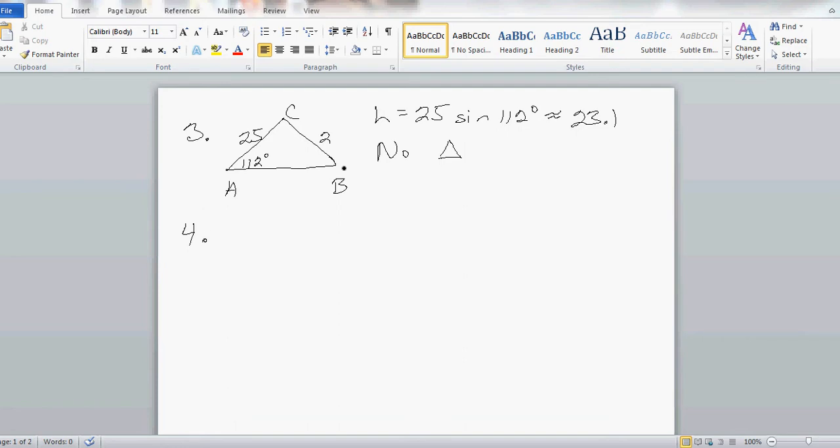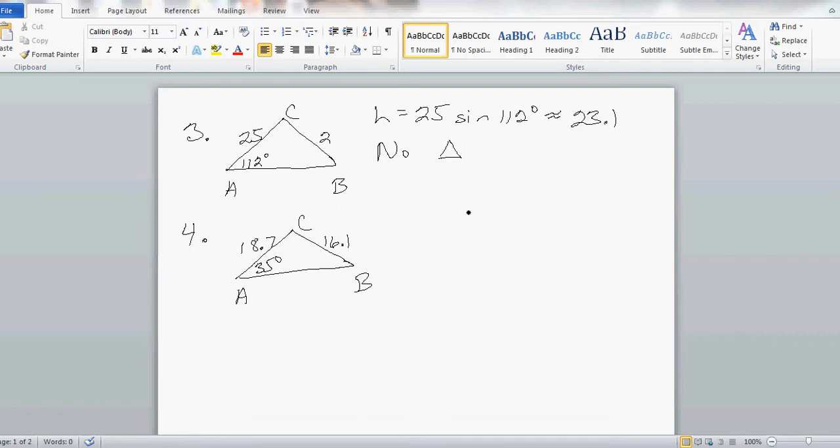Number 4, we're actually given angle C, but once again, I'm going to totally ignore that, and I'm going to put it into angle A. So angle A is going to become 35, therefore little a will become 16.1. And then it doesn't matter what the problem says, I'm going to make B the other side.